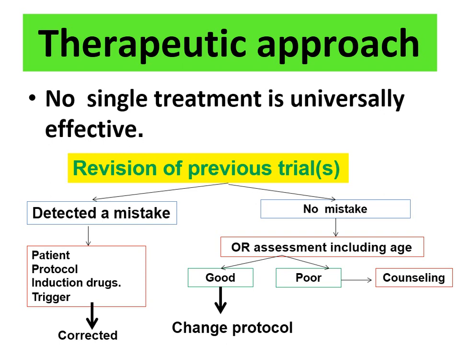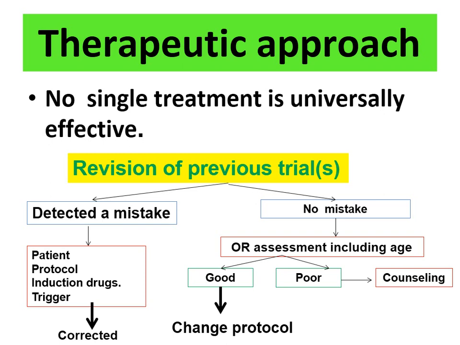The best approach for treating cases of empty follicle syndrome is to make a revision. You have to revise the steps of the previous trial, whether at your lab or in another lab. You have to search for a mistake that led to failure of separation of the oocyte cumulus complex from the wall, from the basement membrane to the follicular fluid.